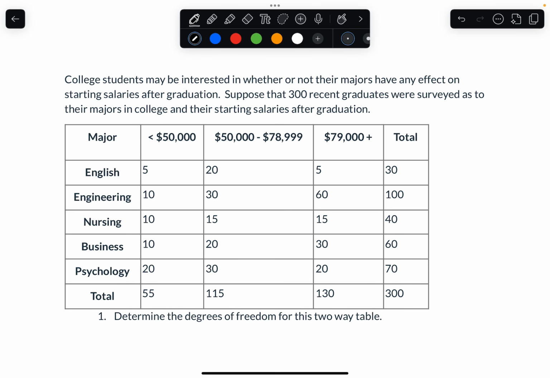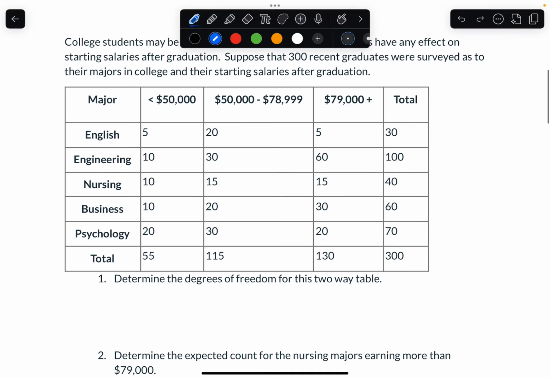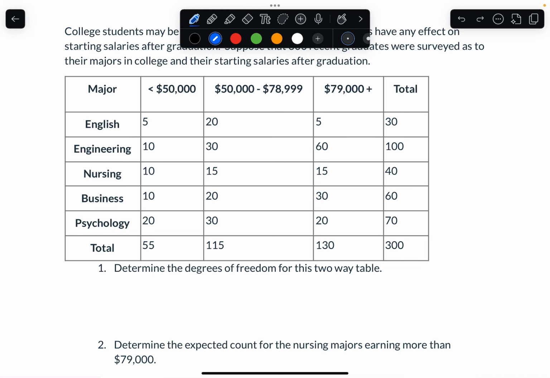So we've got our different majors as our rows, and then some different salary ranges for our columns. To start off, number one, we want to determine the degrees of freedom for this two-way table. Remember, our degrees of freedom is the number of rows minus 1 times the number of columns minus 1.